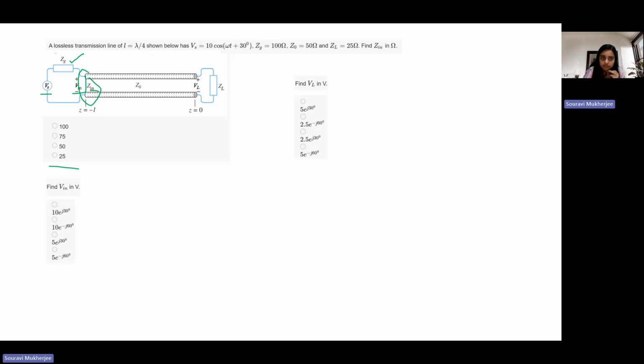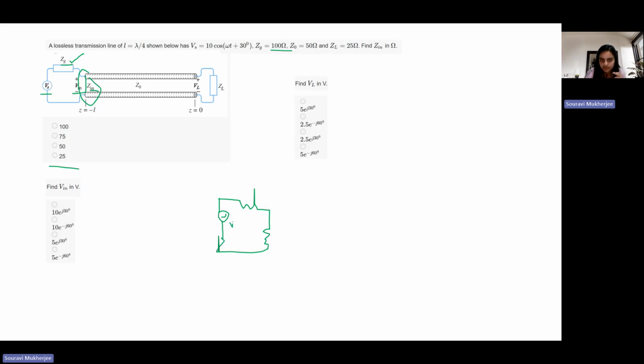Now that you know Z in, 50 into 50 by 25, that is 100, right? So that means Z in is 100. And ZG is also 100, which means whatever voltage you have here, it gets distributed between two resistors, R1 and R2.